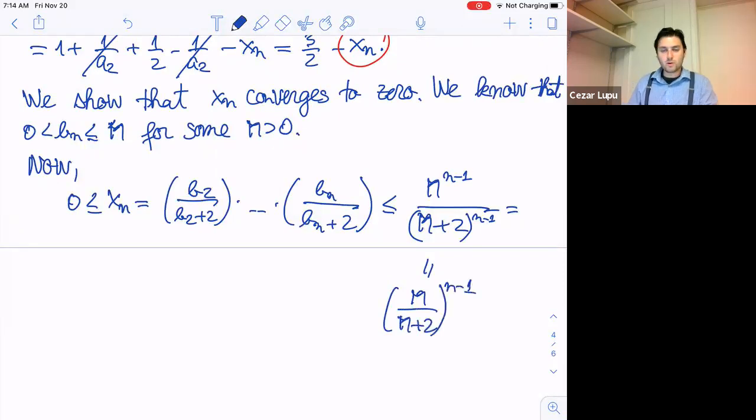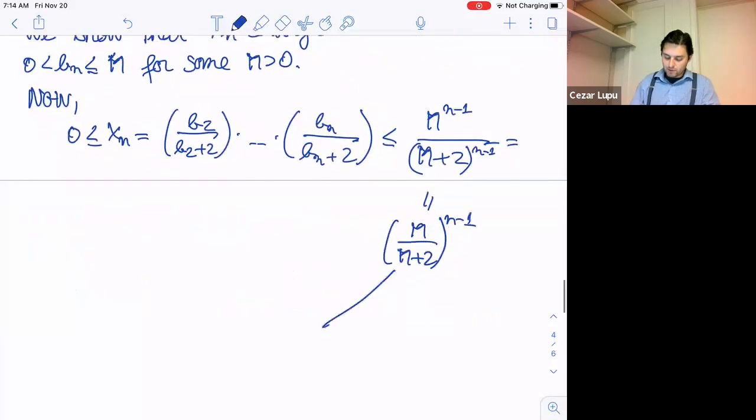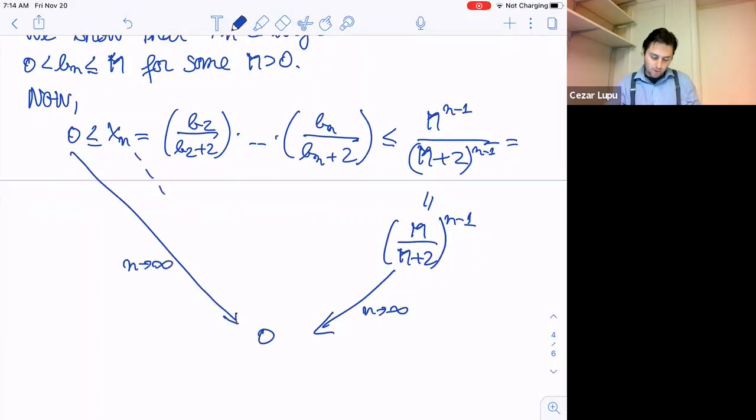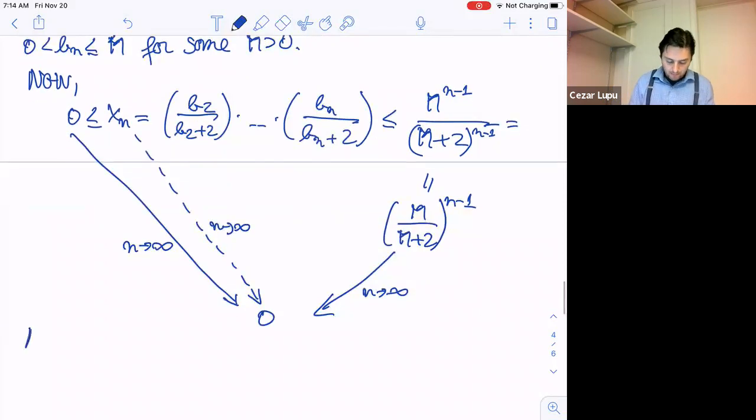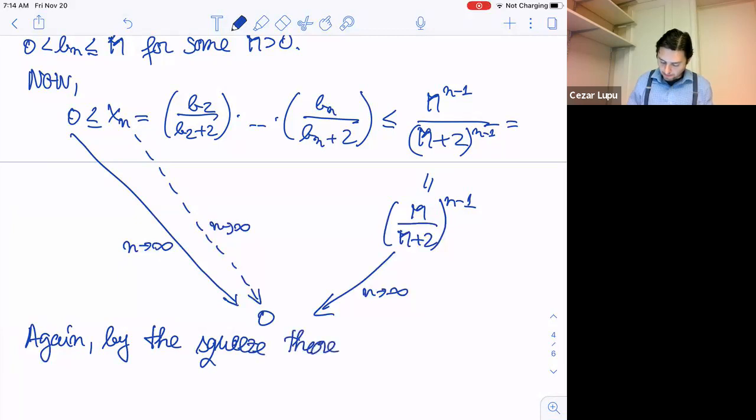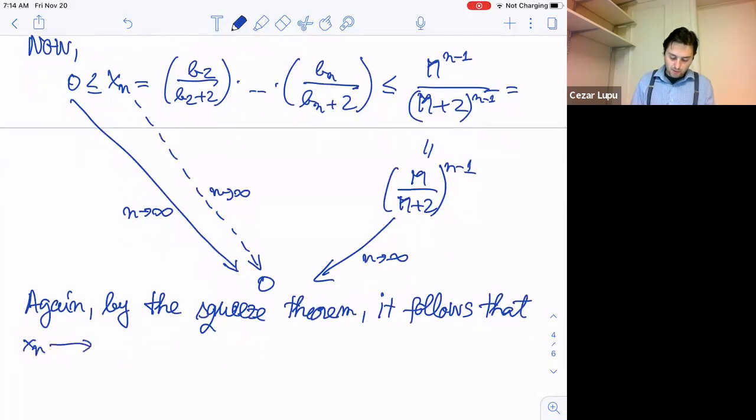But this guy here is between 0 and 1, so this will converge to 0 as n approaches infinity. And again, this will converge to 0 as well when n approaches infinity. And by the squeeze theorem, it follows that xn converges to 0 as n approaches infinity.